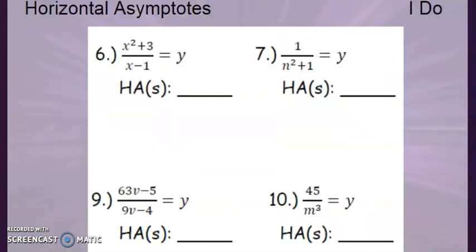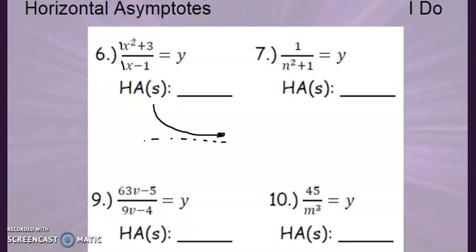The last examples we're going to go over are horizontal asymptotes. These are asymptotes you'll see most in this class this year. It's basically a horizontal line that a graph never touches. So to find these with an expression like this, we take the leading coefficient for each of these.